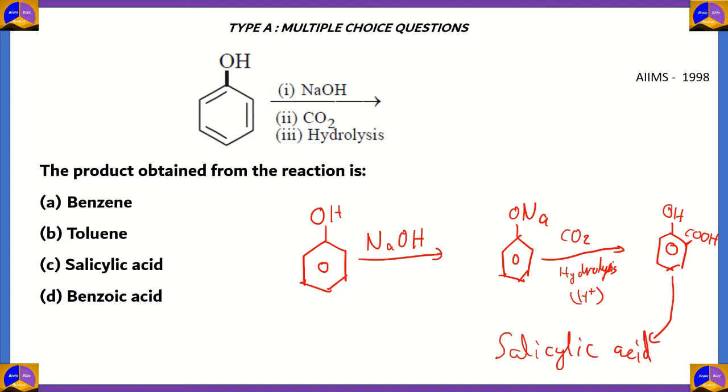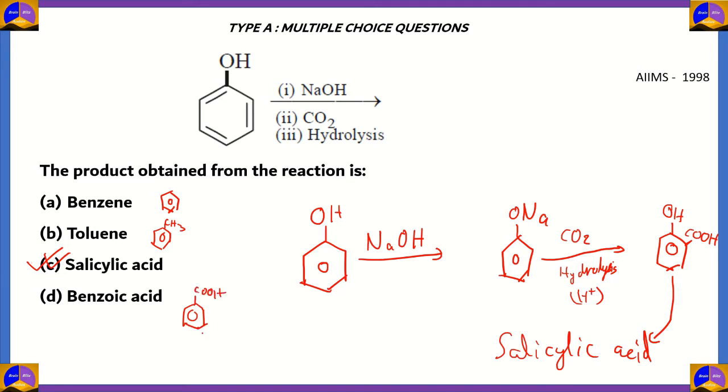Therefore salicylic acid, option C, is the correct option. If you look at benzene, benzene is just a ring with 6 sides, and toluene is a benzene ring topped by a methyl functional group. Benzoic acid is again a benzene ring with its primary functional group as COOH.